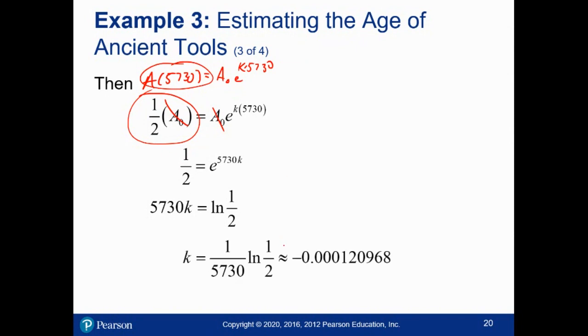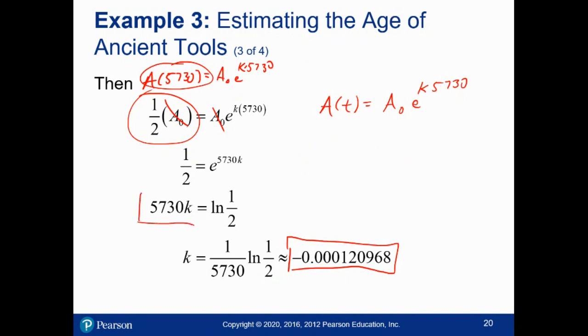And out to 6 significant figures, we have k here. Pardon me. So now we know the value of k. Now we can go back to the original expression, A of t equals A naught e to the k times 5,730.